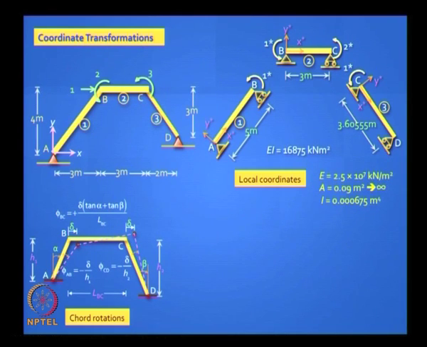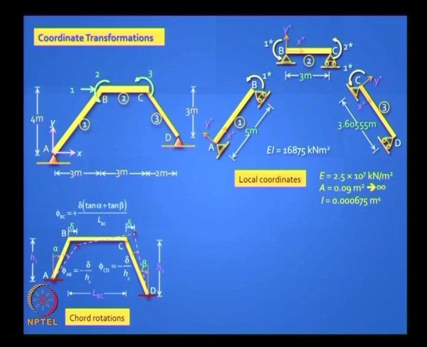The figure at the bottom is a generic figure. So you have chord rotations of delta by the height for the elements 1 and 3, right? And for the element 2 you have to work this out using trigonometry. It turns out to be, as shown in that formula, delta times (tan alpha plus tan beta) by the span L.